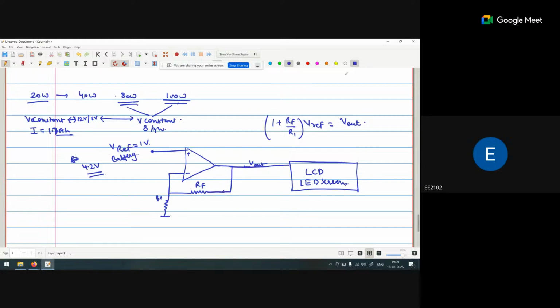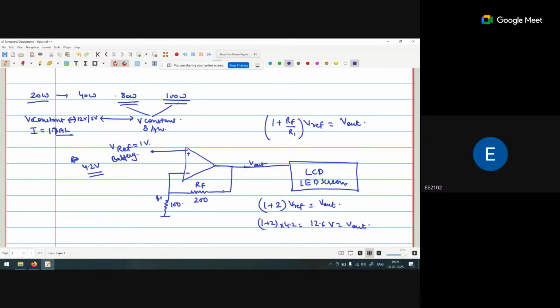Now we assume that RF is 200 and R1 is 100. So 1 plus 2, multiplied by Vref. If Vref is 4.2 volts, 1 plus 2, 3 multiplied by 4.2, that is 12.6 volt is the V out.